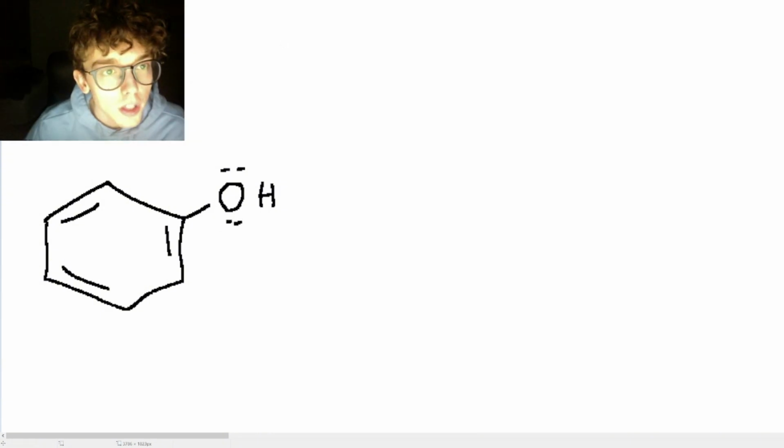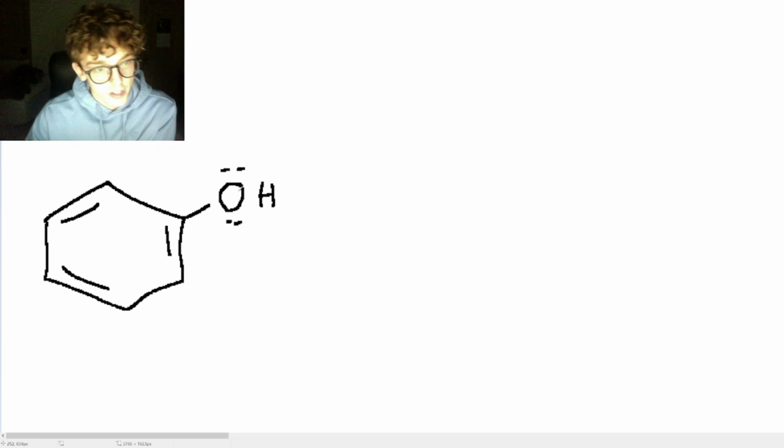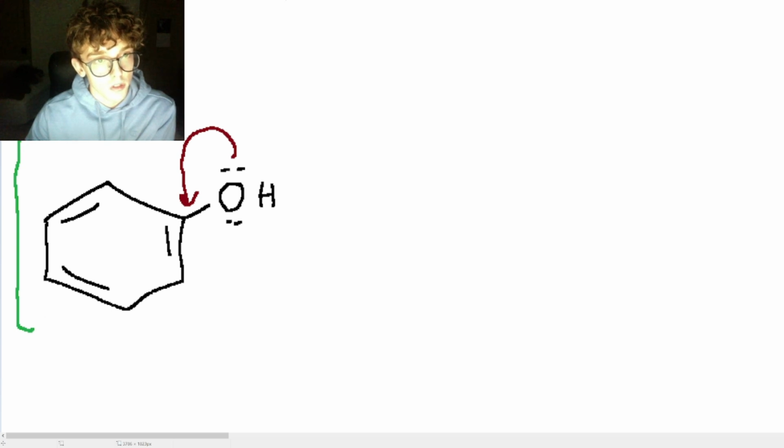I'm going to use a fun color, red, to show the resonance arrows. Let's say this hydroxyl group decides to make a pi bond in its resonance structure, and it does because resonance structures aren't really indicative of one singular molecule. It just helps us visualize what the molecule is doing and how we can identify partial charges.